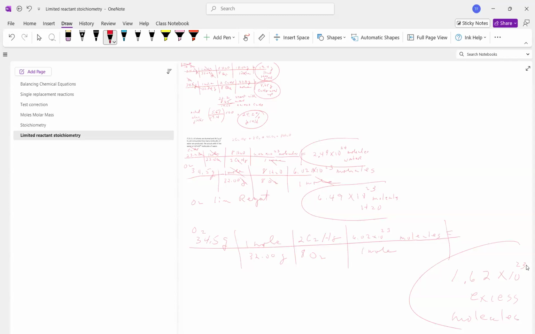Okay, so we have 1.62 times 10 to the 23rd excess molecules. So it's basically the same thing again. We're just not using grams to grams.